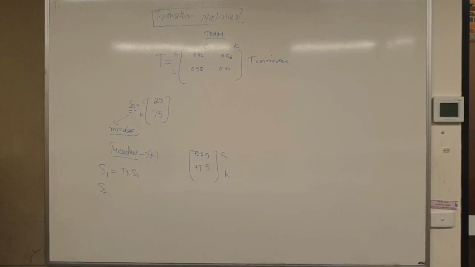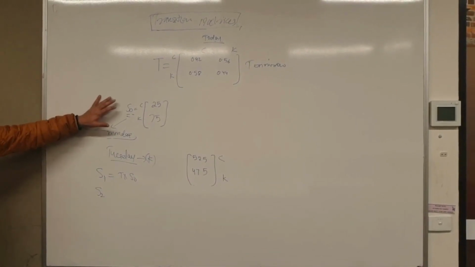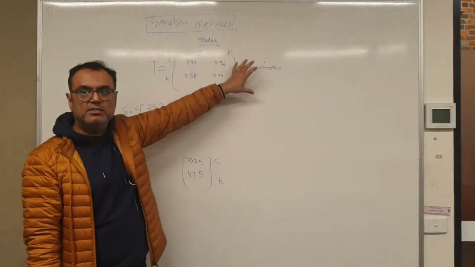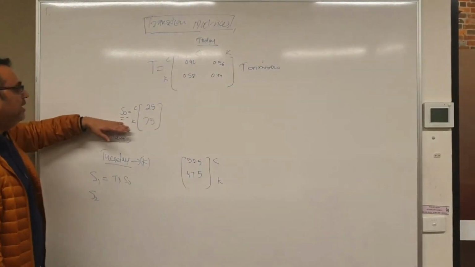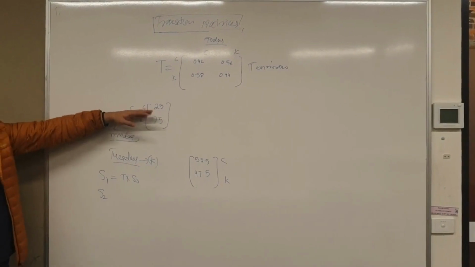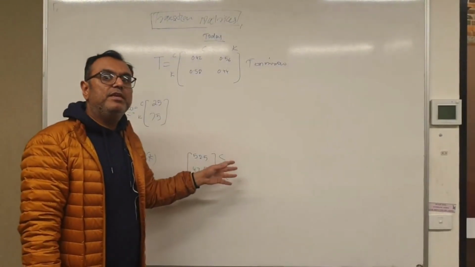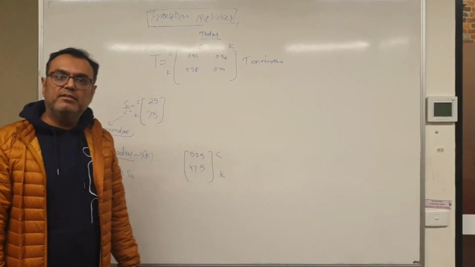So in the question, you could be fudged in such a way that they'll give you something like this, and they say on Monday, 25% eat Crispies. Can you tell me how many will eat Crunchies on a Saturday?